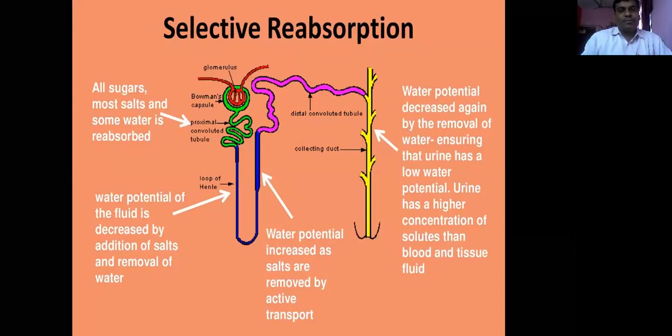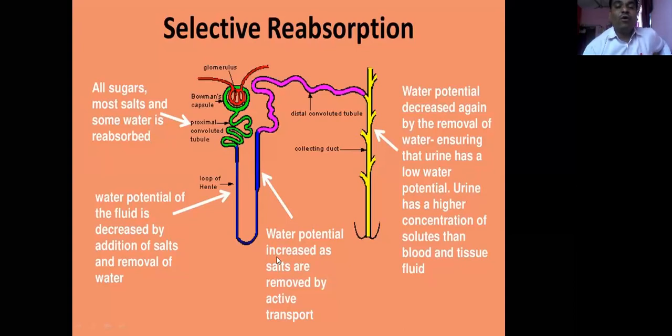In the selective reabsorption, the process takes place in the PCT, the proximal convoluted tubule: all sugar, most salts, and some water are absorbed in this part. In the loop of Henle, the water potential of the fluid is decreased by the addition of salt, because salt enters here, and due to that there is addition of salt and removal of water.